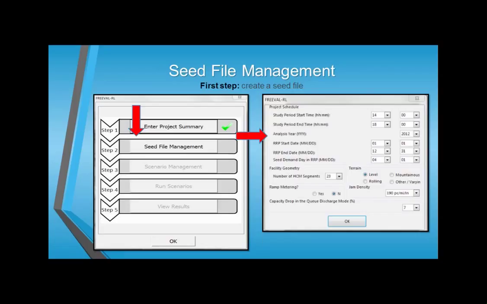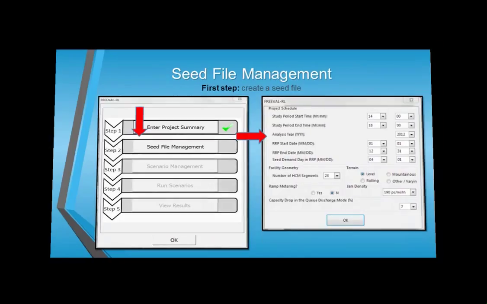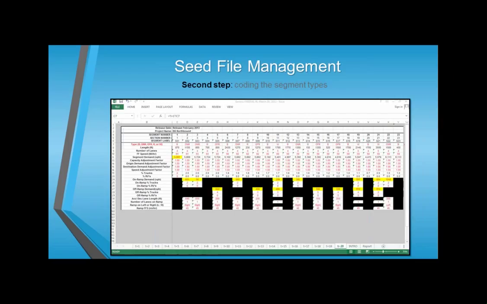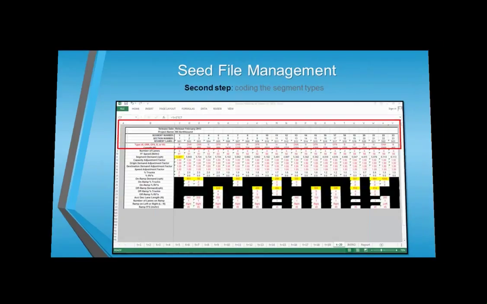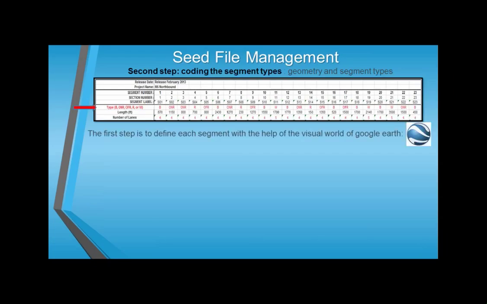After we press OK, we have created the seed file in an Excel worksheet that allows us to input geometrical information and traffic information. But first, we're going to start by inputting the geometrical information. To be able to input the geometrical information, we first have to define the segments using the visual aid of Google Earth to help us visualize the actual corridor. And we have 5 choices.